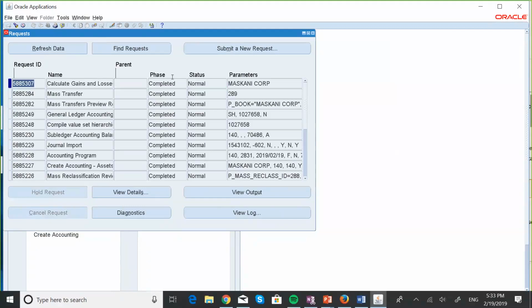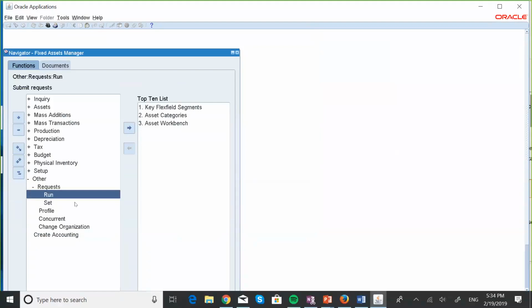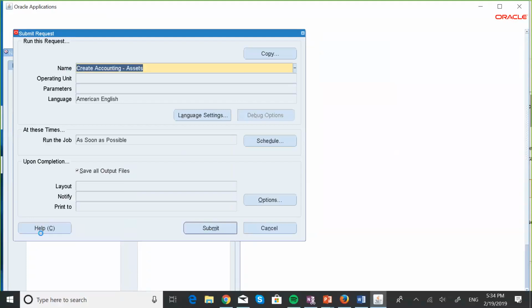Remember, create accounting, we said it will create accounting entries for all the events that have taken place after the last create accounting run. So we can come here and create accounting.